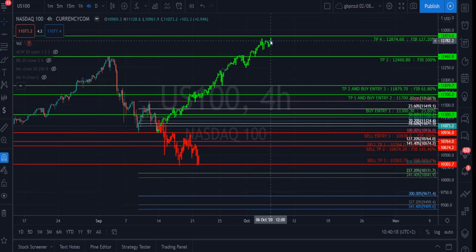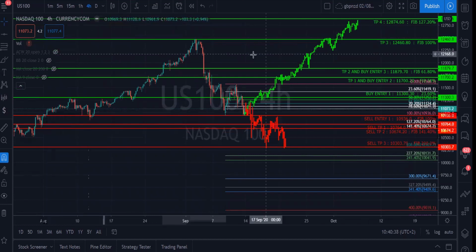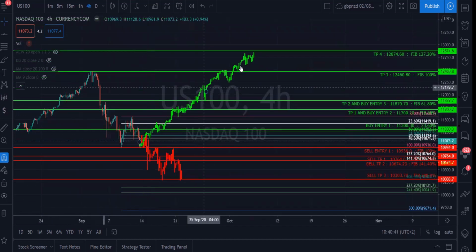Although we're not yet on the 6th of October, that bar pattern is telling me, based on the manner in which NAS has been performing between here and here, that NAS will reach that price of 12,800-something on the 6th of October at 12 o'clock midday.